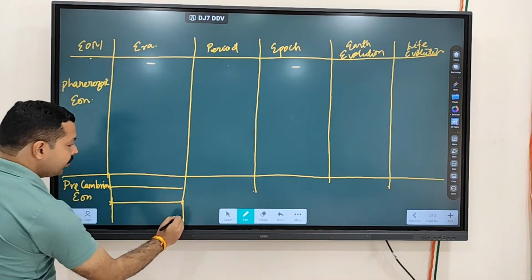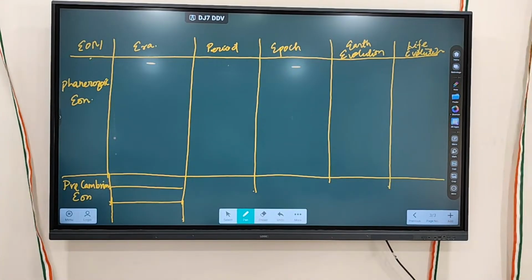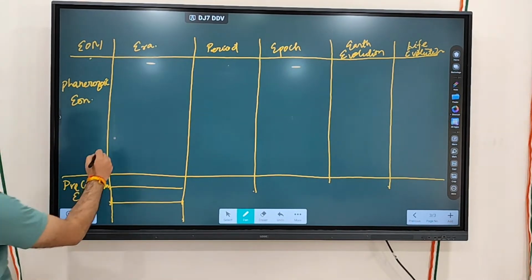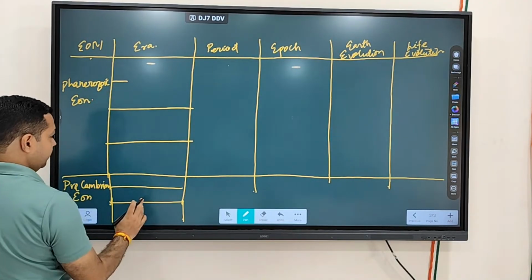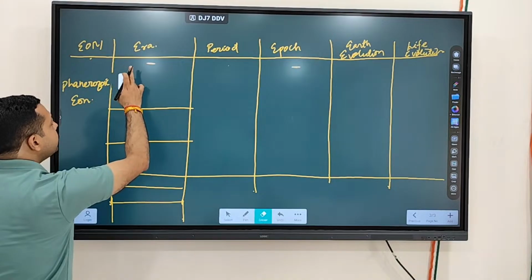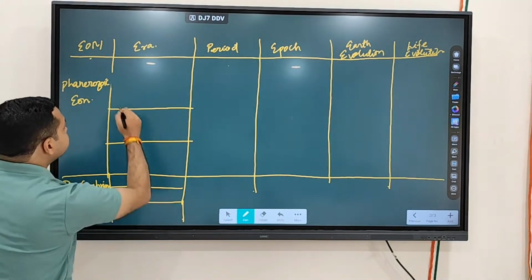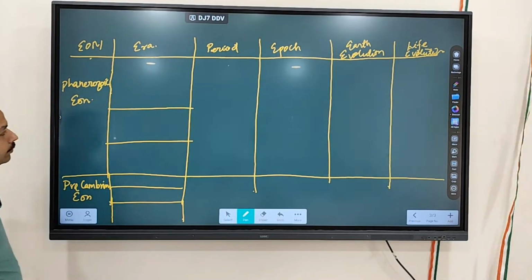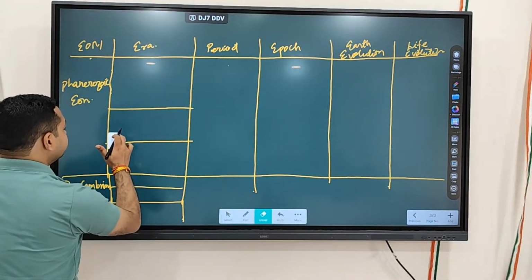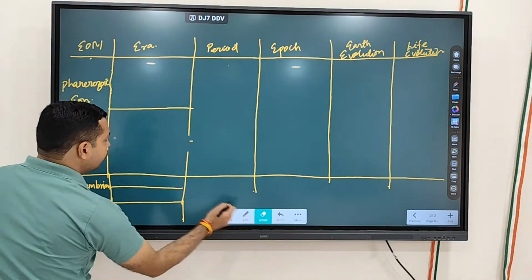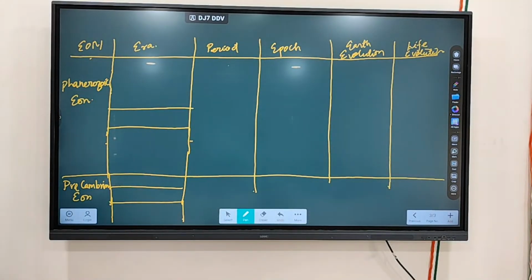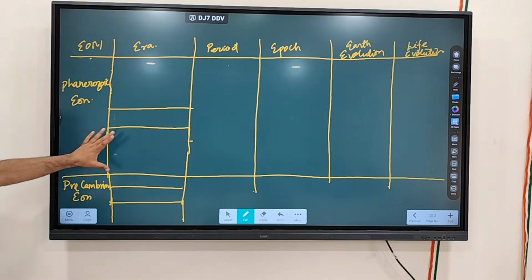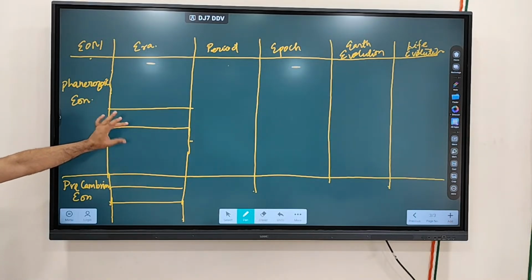Then the Precambrian eon is further divided into 3 periods, and this also is divided into 3 periods. You make this a bit larger, this a bit smaller, and the upper one a bit larger.